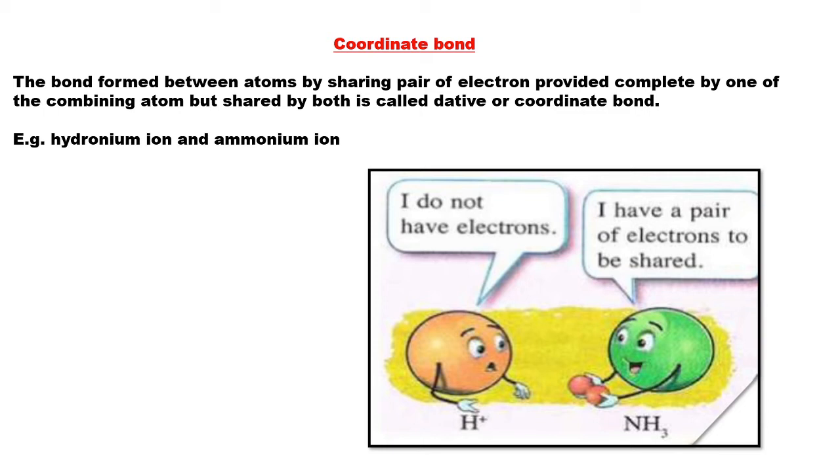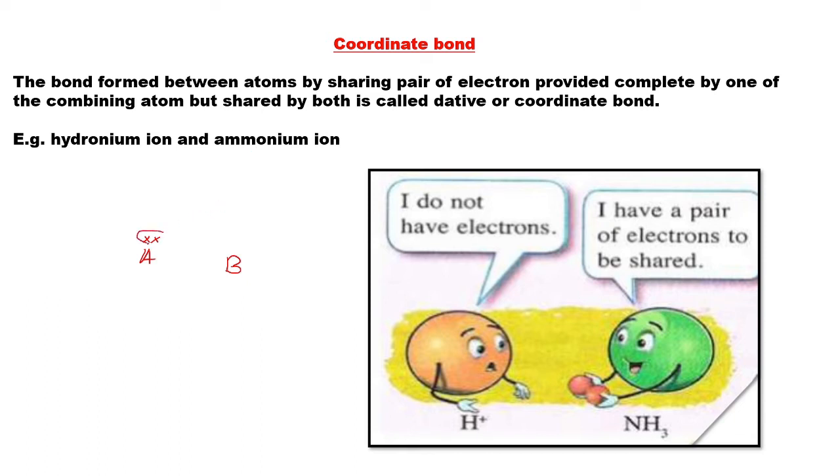Suppose I'm taking an example: A and B. Assume A has an extra pair of electrons and B does not have any electrons. So what will happen in the case of a coordinate bond?